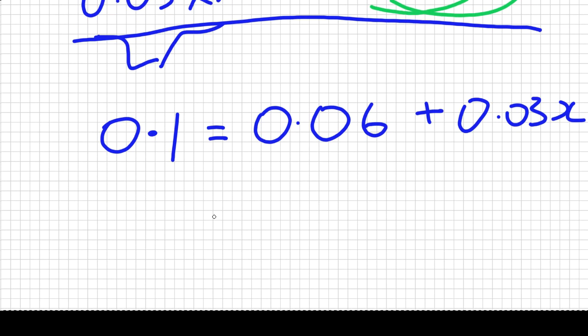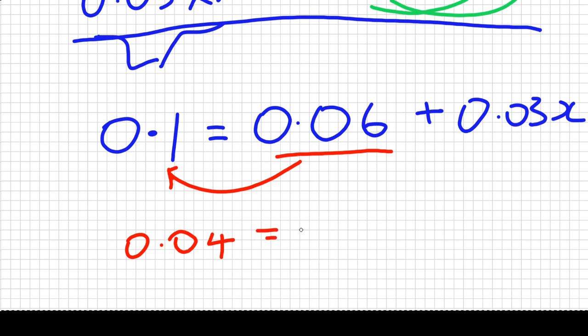So now we collect like terms. What I can do is move this 0.06 over here, which means I take it away from the 0.1, so I get 0.04. Equals 0.03x.